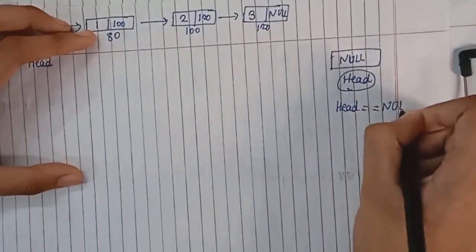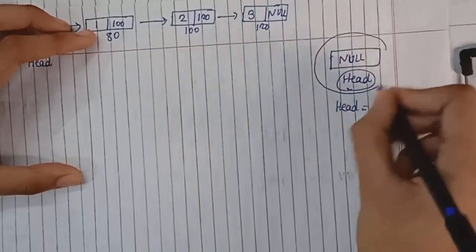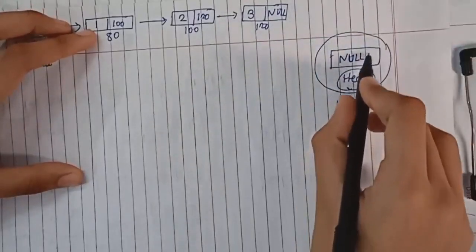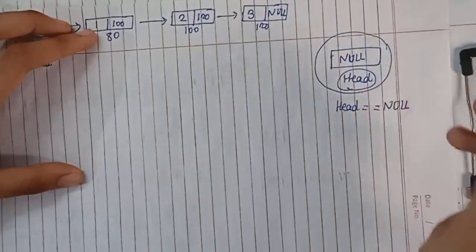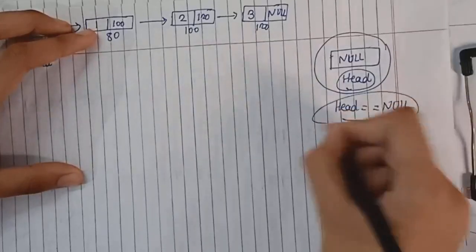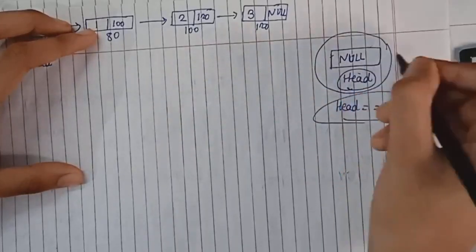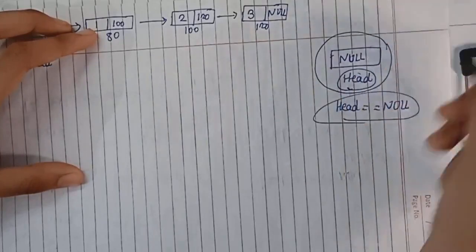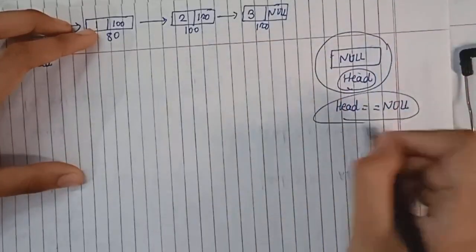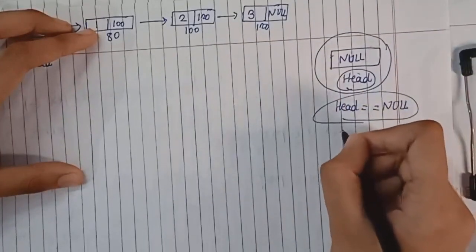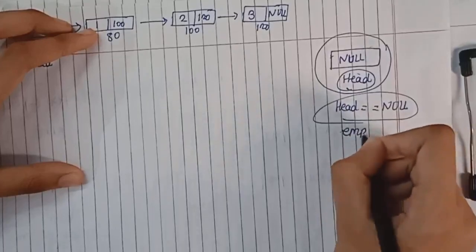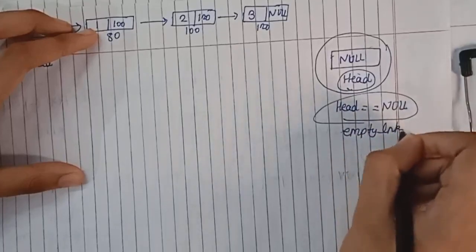If head is equal to null, it means that this head is not pointing to any node. So there is no linked list, or I can say we have an empty linked list.